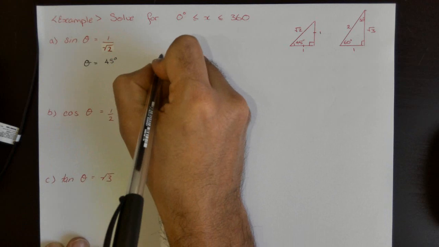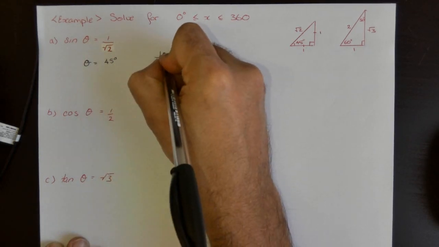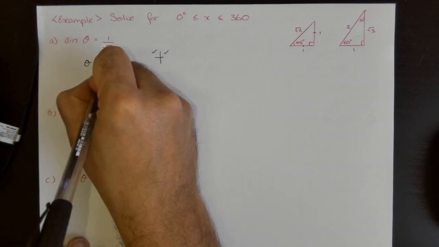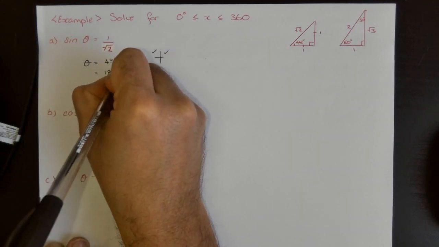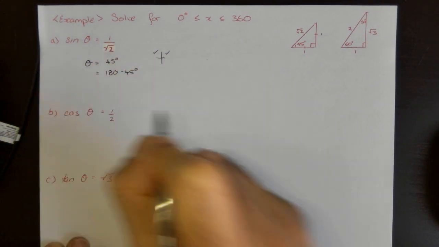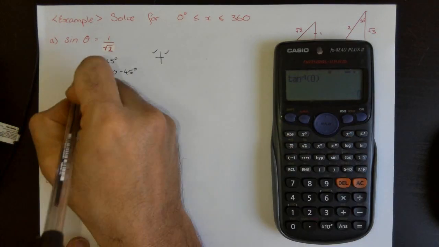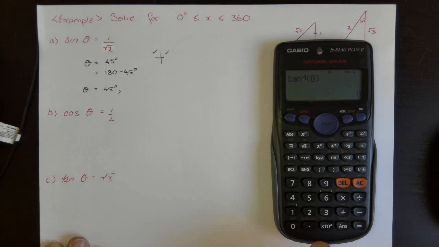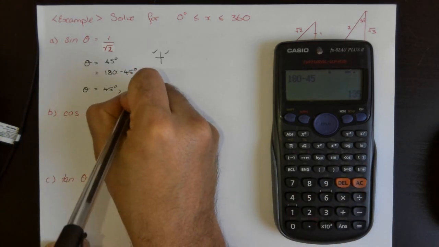Once again, we know that sine is positive in the first and second quadrants, so we also have 180 minus 45 degrees. So theta is 45 degrees or 135 degrees.